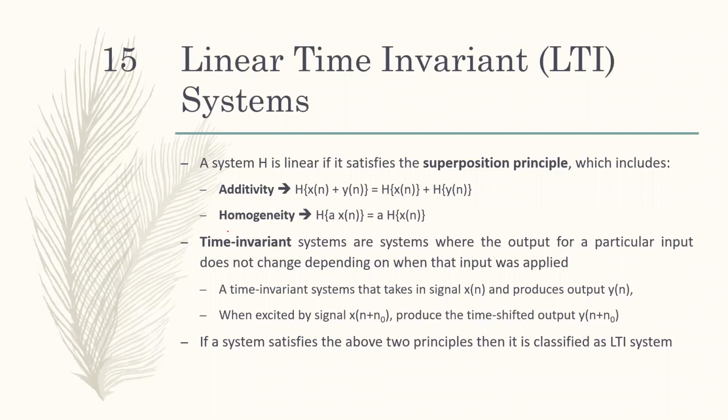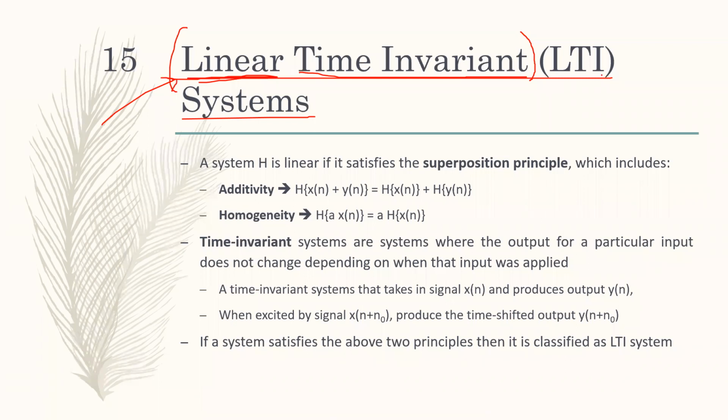From the name itself, LTI system, that is linear time invariant system. What it specifies is the system has to be first linear in its response, and then it should be time invariant. These two things should be satisfied for a system to be called an LTI system.